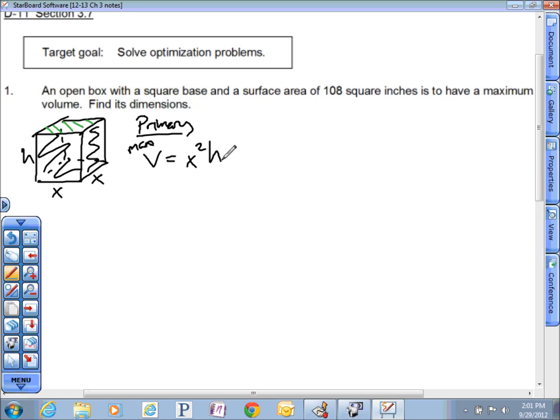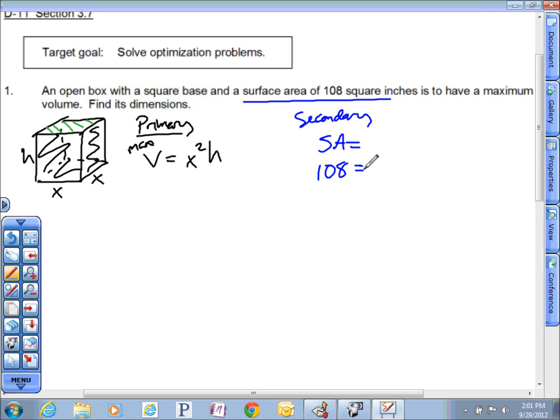There's my primary equation. My secondary equation is going to have to do with this surface area of 108 square inches. So my secondary would be my surface area being 108 square inches. So secondary, 108 for my surface area. And let's see, so how would you find surface area?